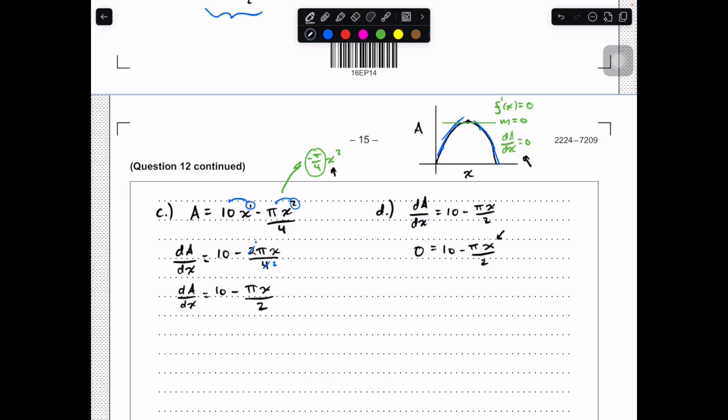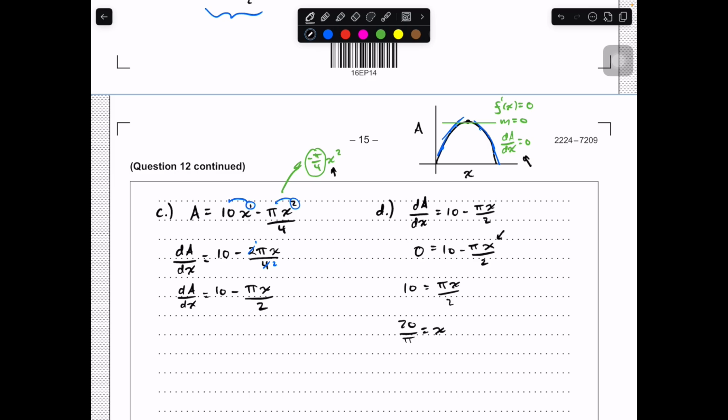It's a special number, but it's just a number. So let's go into the calculator. We can solve this with algebra. 20 over pi is equal to x.